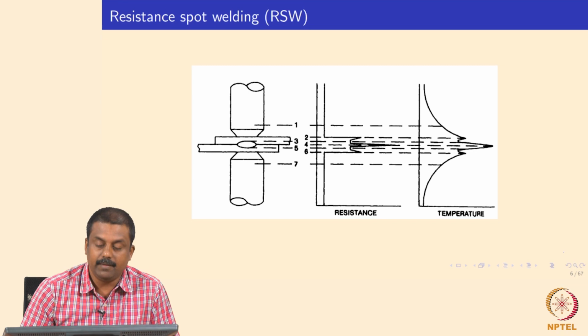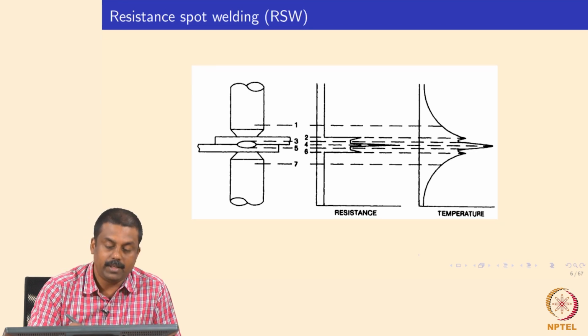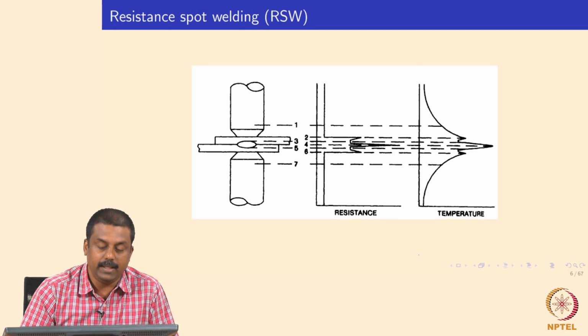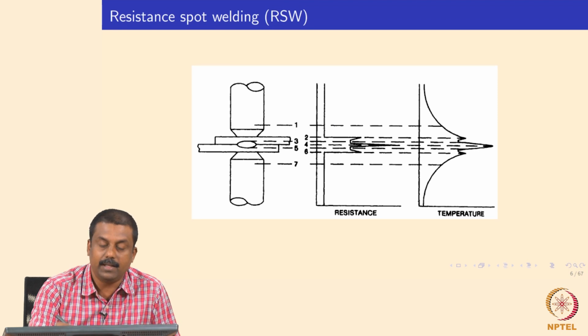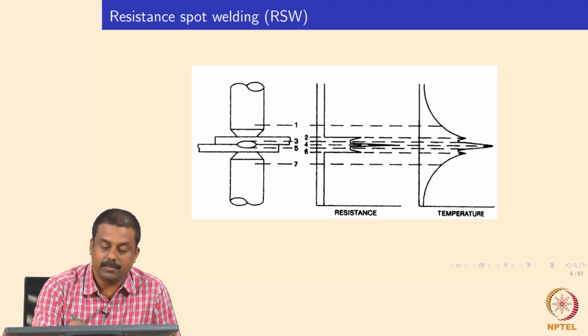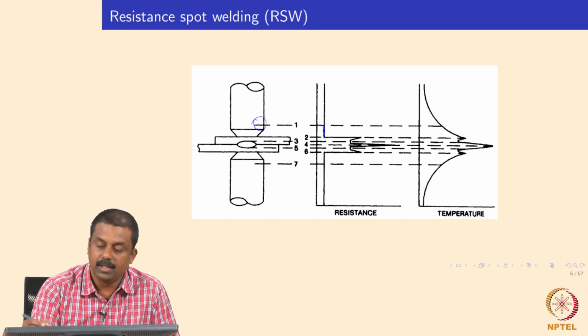I just gave the schematic of the resistance and the temperature values over the cross section of the weld setup. At the electrode you expect the least resistance because of the copper.